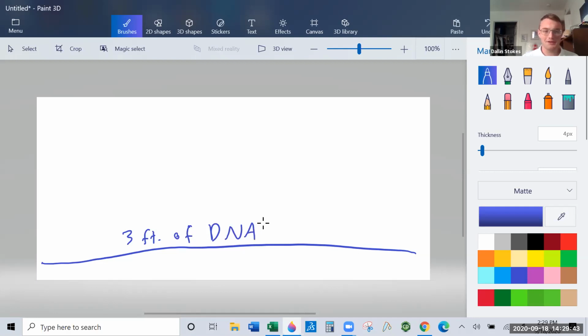Now, if you think about DNA like a thread, you've got 3 feet of thread that you have to try and fit in a nucleus about the relative size of a pinhead. So basically, we're trying to cram 3 feet of string inside of a pinhead. That's extremely difficult. So we need to be able to compact the DNA down. I like to think of it like yarn.